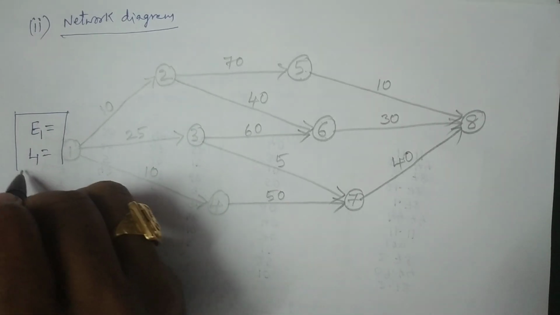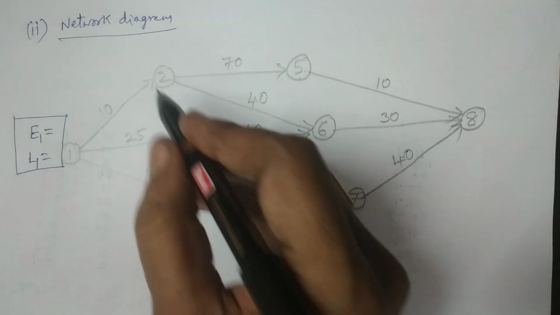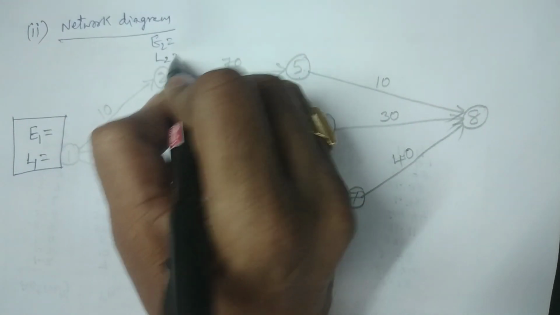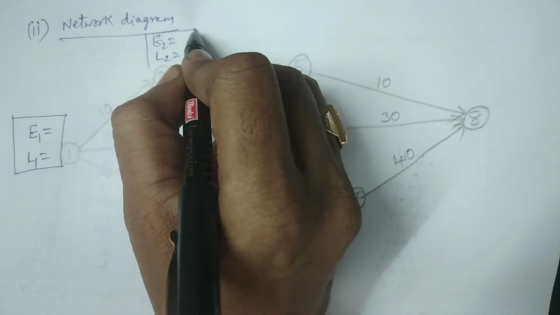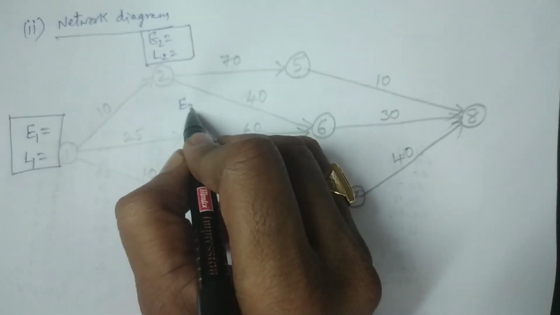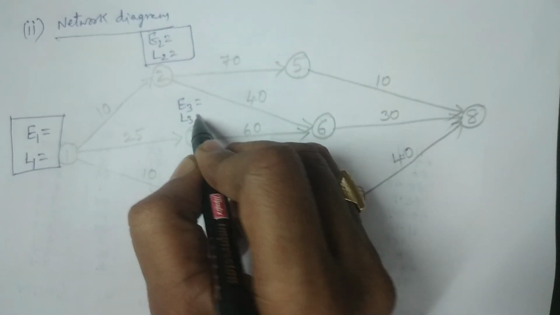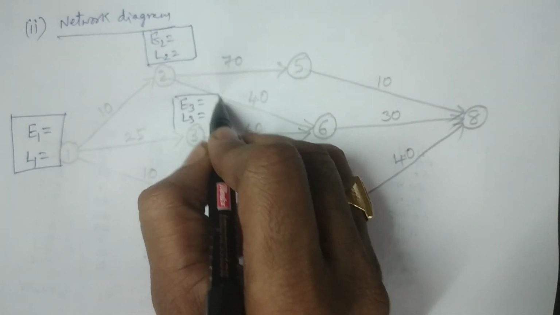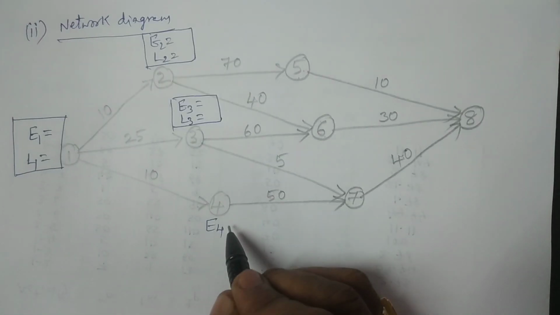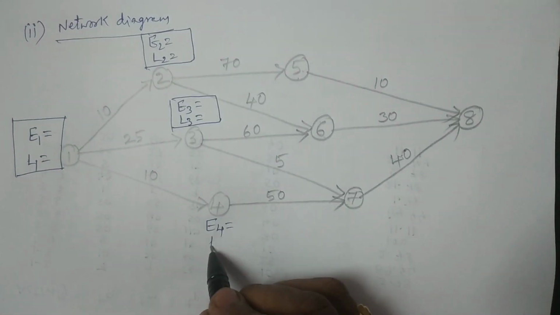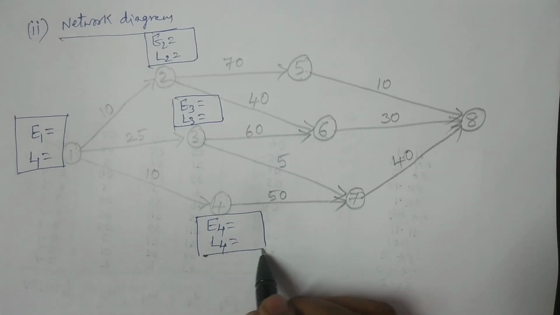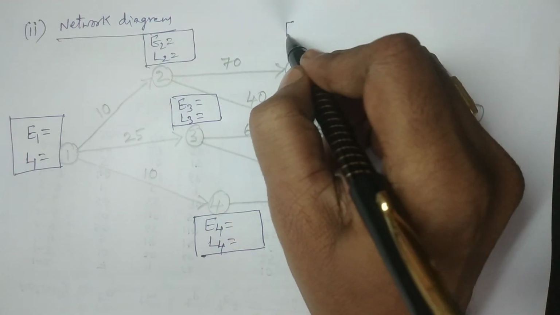By using the formula, I calculate E1 and L1, then E2, L2, that is, at every event, the values of E and L, that is the earliest times and latest times. These have to be calculated at every particular node, that is every particular event.